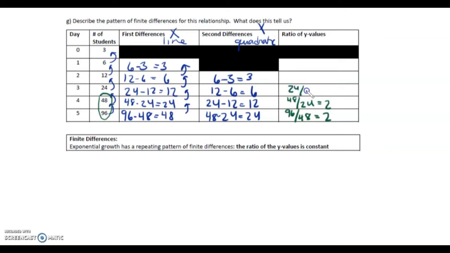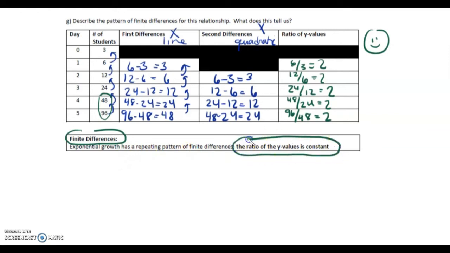What's 24 divided by 12? 2. 12 divided by 6, 2, and 6 divided by 3, 2. Okay, we have the same ratios. So for finite differences, exponential growth has a repeating pattern: the ratios of the y values are constant.